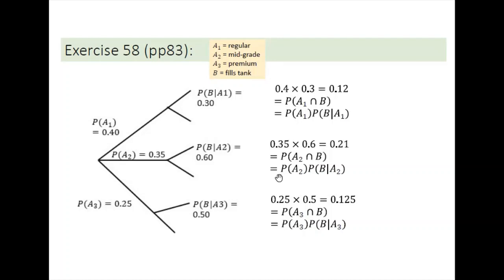So again, the probability of using mid-grade gas multiplied by the probability of filling tanks, given that using mid-grade gas. So again, by multiplying these two values, we can obtain the probability of intersection of A2 and B.